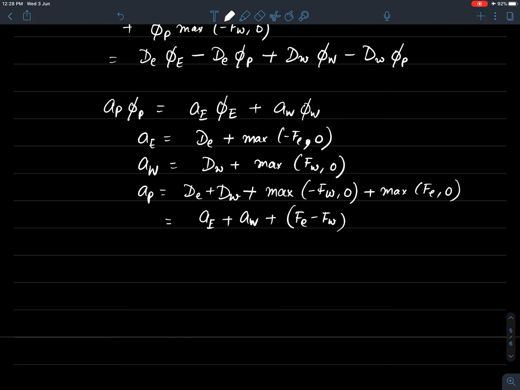This is a simple operation that you can try out and prove that this is what it should look like.